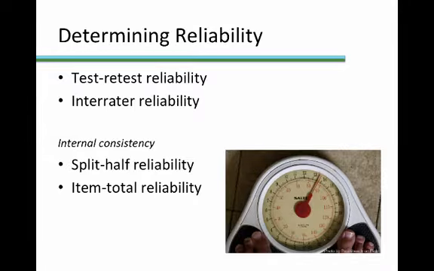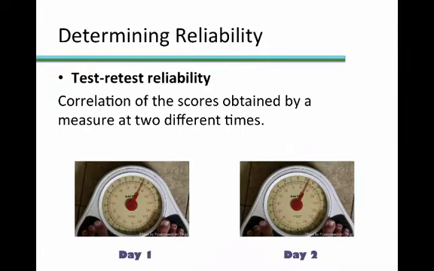There are a number of ways to measure the degree of the reliability of a measure. We'll talk about a few of the more common. Let's start with test-retest reliability. With test-retest, we can determine the degree to which the same test score would be obtained on another occasion.